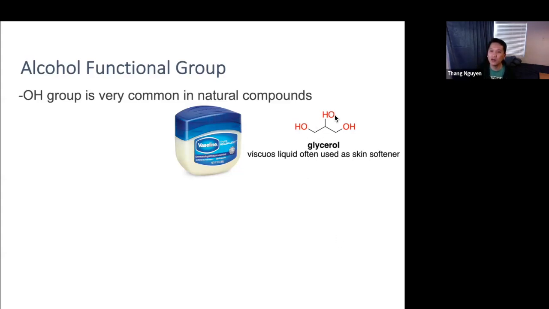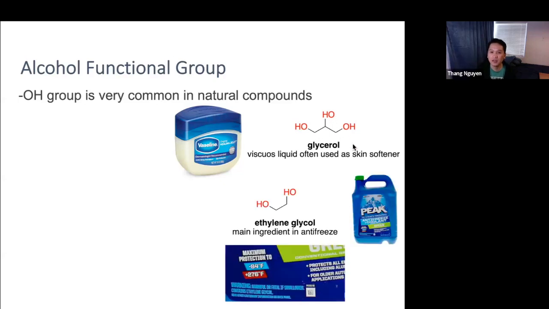It has more than one OH group, 3 in fact. So each carbon basically has a hydroxyl group. You can also see it in ethylene glycol. That was 3 carbons; this is only 2 carbons, and both carbons will have this OH group. This is seen as the main ingredient in your antifreeze.